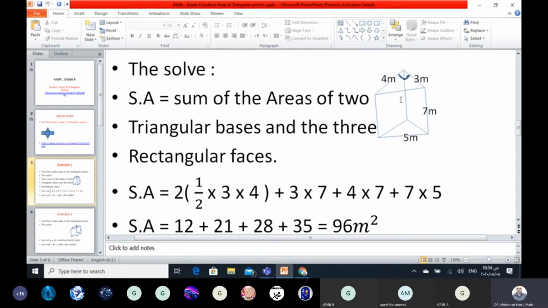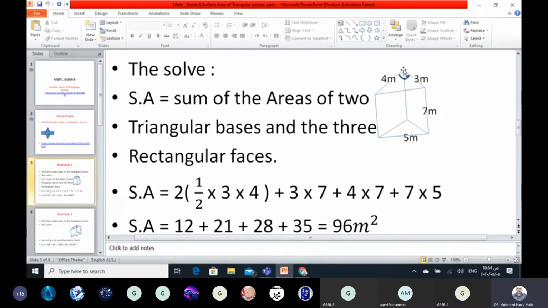So when you want to solve the surface area of this figure, the rule said SA means surface area: sum of the areas of 2 triangular bases, meaning the congruent triangles, and 3 rectangular faces.